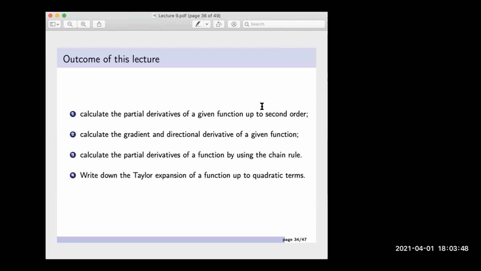Then we introduced the concepts of directional derivative and gradient, and we concluded that the maximum possible directional derivative would be achieved when the direction is in the direction of the gradient. And the maximum possible value of the directional derivative is simply the length of the gradient. That's our conclusion. The function would increase fastest in the direction of the gradient and decrease fastest in the opposite direction of the gradient.